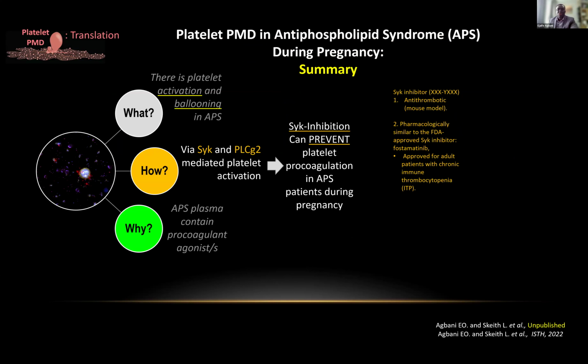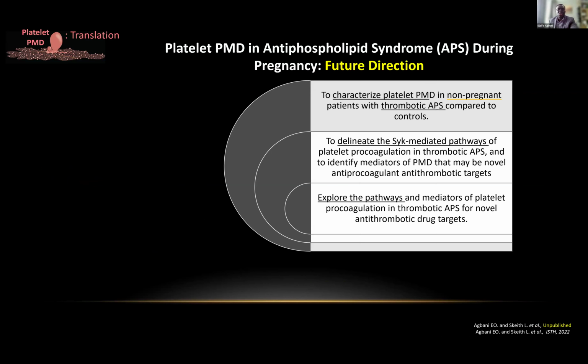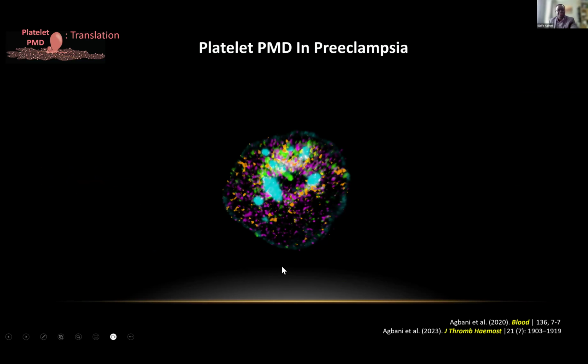And we also now know that SYK inhibition controls procoagulation in APS during pregnancy. So moving forward, we would like to look at the role of complement activation in this procoagulant state, in pregnant patients this time around with thrombotic APS, and compare with controls and other aims that we achieve.